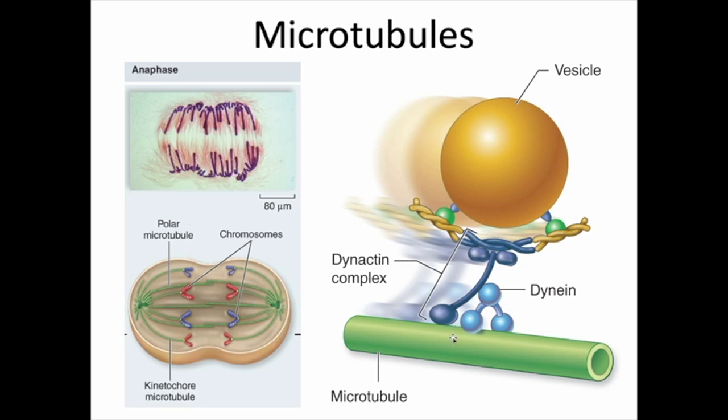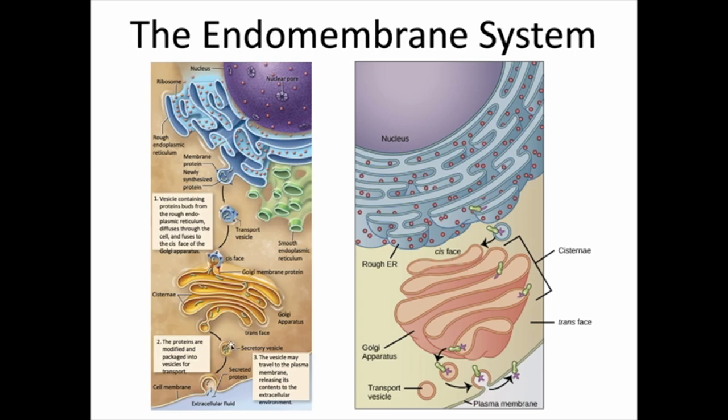They're also important in the movement of vesicles. So we didn't really see this. If I could go back to our slide on the endomembrane system, when we had vesicles going from one location in the cell to the other, it kind of looked like it was just magically floating from one place to the other, just like, whoop, here we've arrived at our destination. That's not actually how it works.